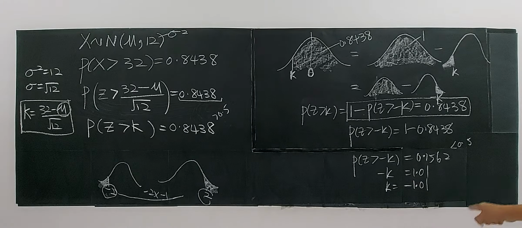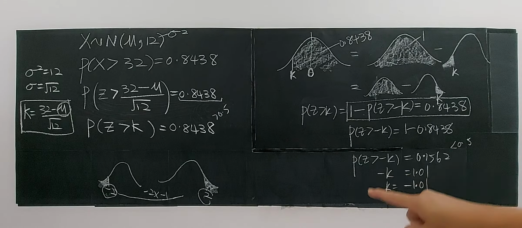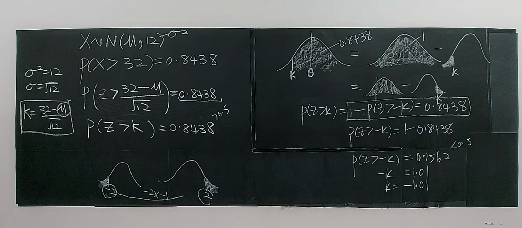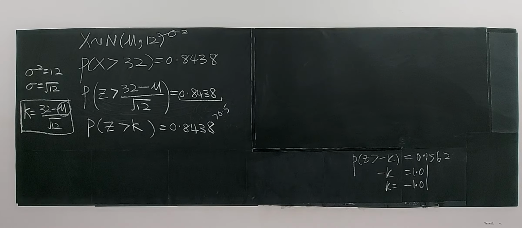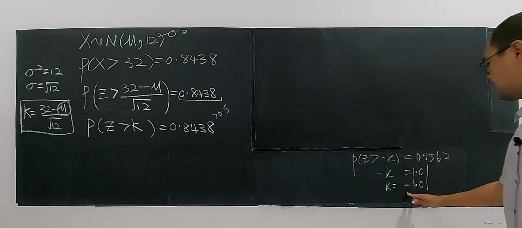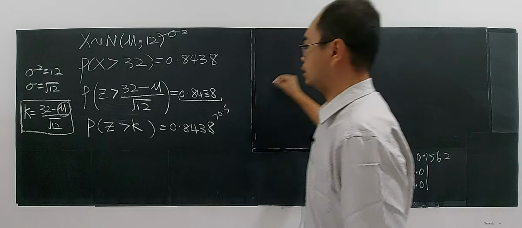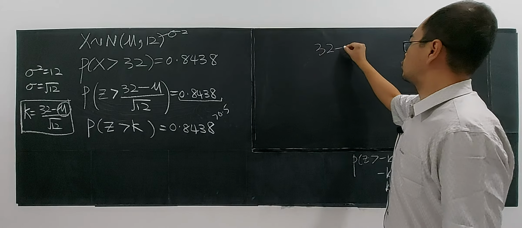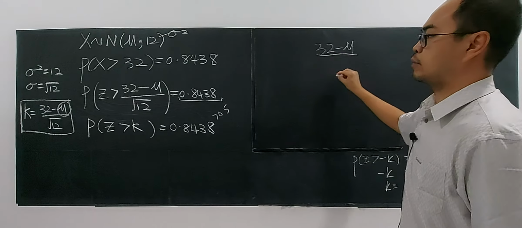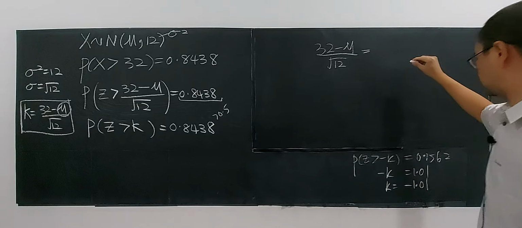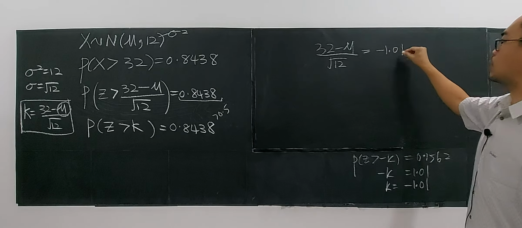This is not the answer yet, because what you want to find now is the value of the mean. We know that the value of K is negative 1.01, and just now you assumed this is the value of K. So 32 minus the mean, divided by the square root of 12, the standard deviation, equals negative 1.01.